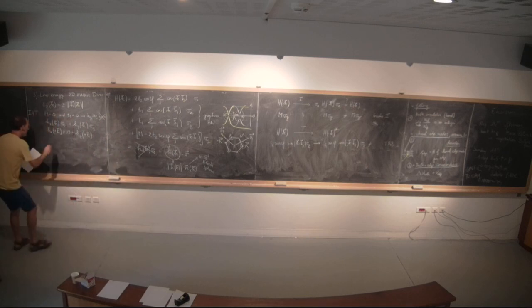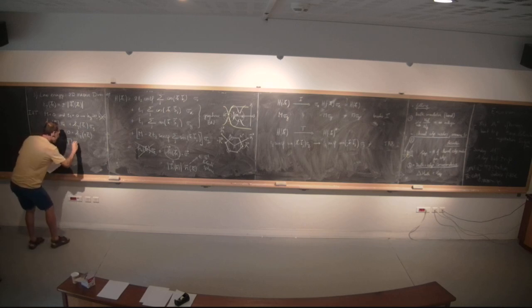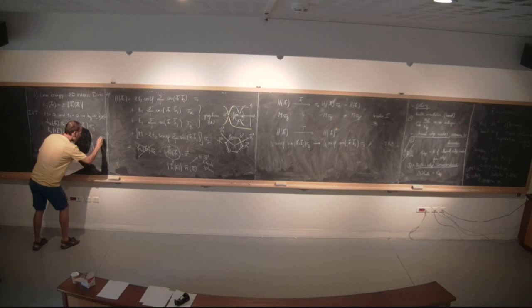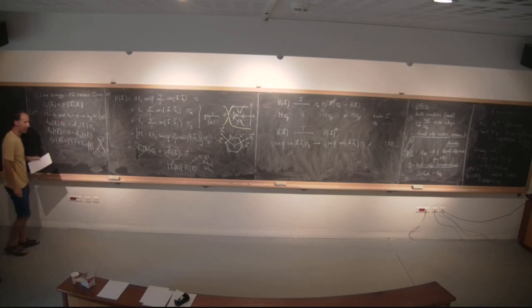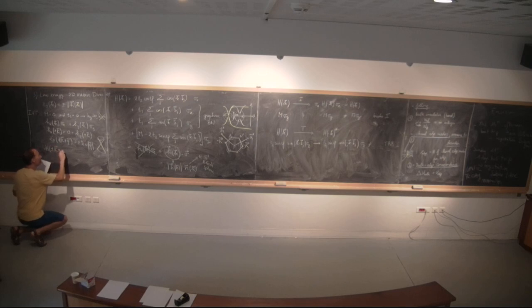If I now linearize the spectrum in the vicinity of these two points, plus capital K or minus capital K, I get an energy spectrum which is just a cone like this. I get two of them, one near K, one near minus K. And you can also look at the Hamiltonian in the vicinity of those two points.